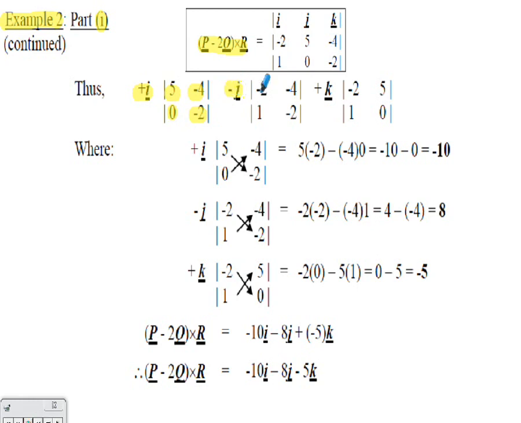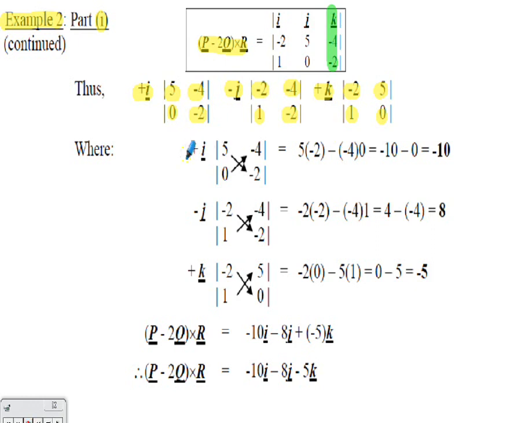For the minus j determinant, the coefficients are minus 2, minus 4, 1 and minus 2, and we get that by covering up the j column and reading the coefficients to the left and the right. And the plus k determinant, the coefficients are minus 2, 5, 1 and 0, and we get that by covering up the k column and reading the coefficients to the left.